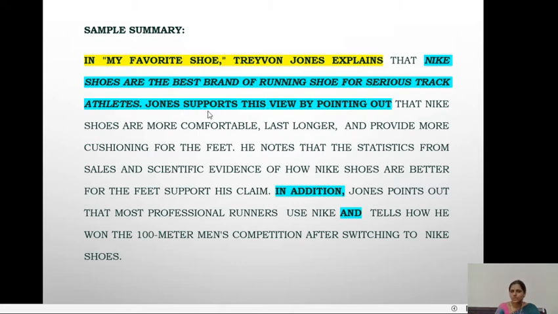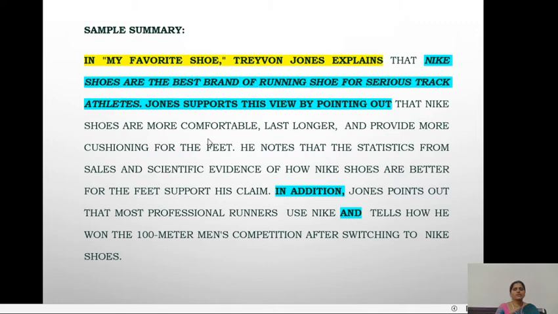Jones supports. So in his words, we are telling Jones supports this view by pointing out that Nike shoes are more comfortable, last longer, and provide more cushioning for the feet. So this is one supporting statement that we have given to strengthen our main statement. He notes that, again, we are just quoting his words.